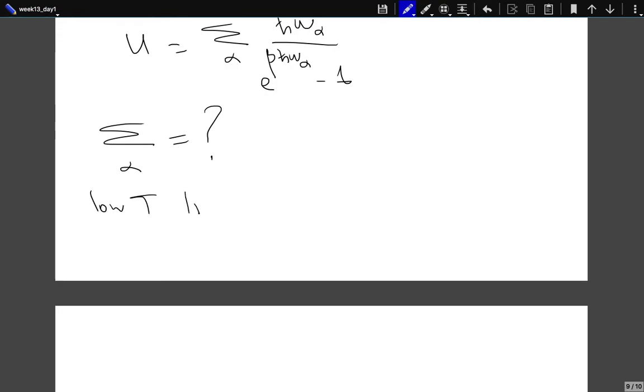Low T limit. We had already seen in various cases that when you are at low temperature, only small energy excitations are excited. The high energy excitations are not excited. But small energy basically means large wavelength. So at low temperatures, well, we don't really know what low T is for the time being, but sufficiently low, we will define what low T is.